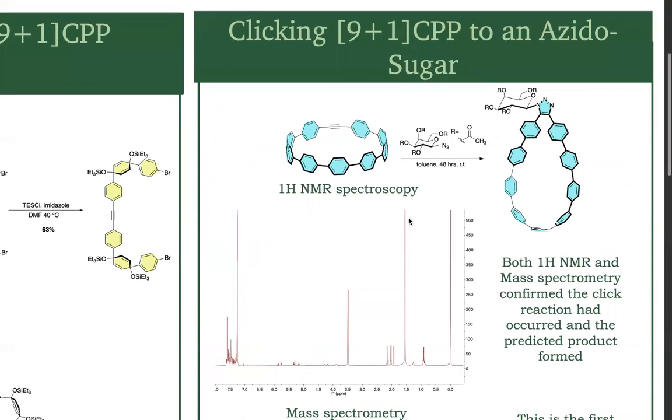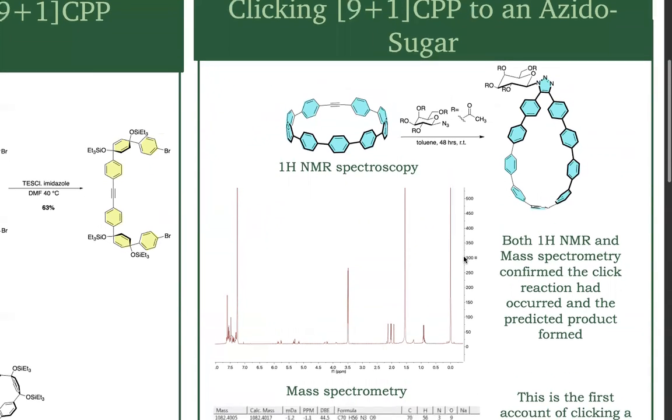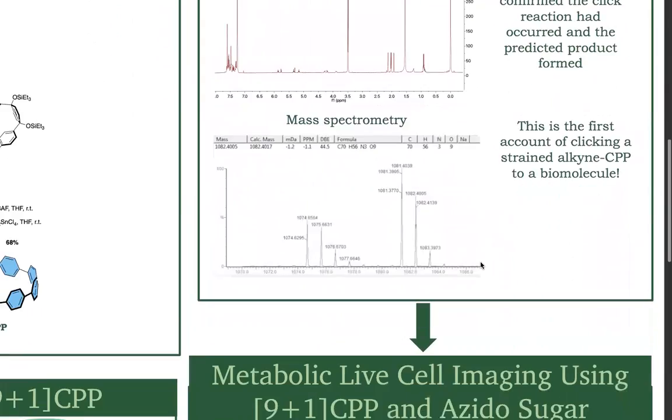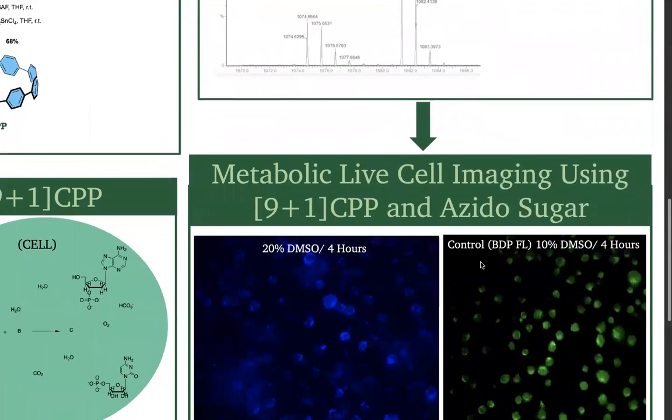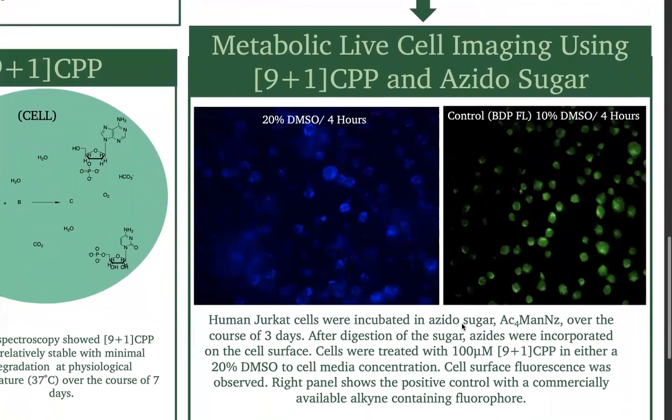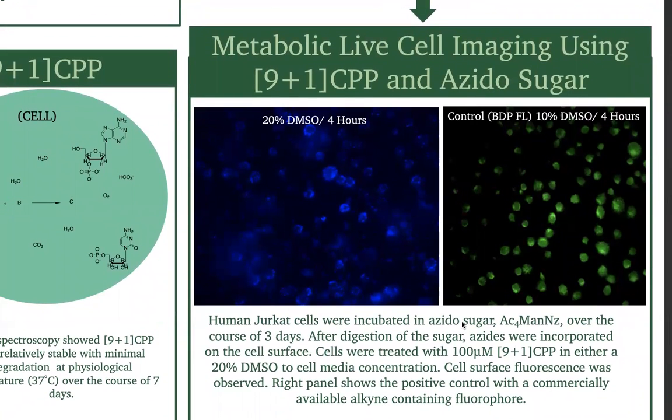But as I said before, this experiment we ran in a test tube in 48 hours. And the next step would be to actually run these in living cells. And so that is what I did. For these experiments, we used a known metabolic pathway that was discovered by the Bertozzi group.